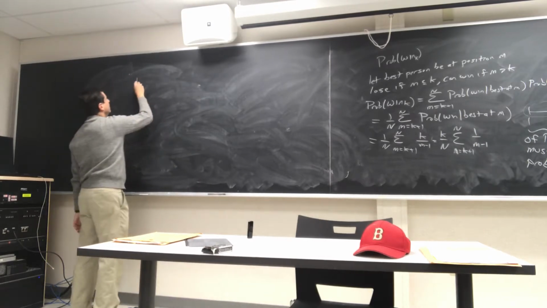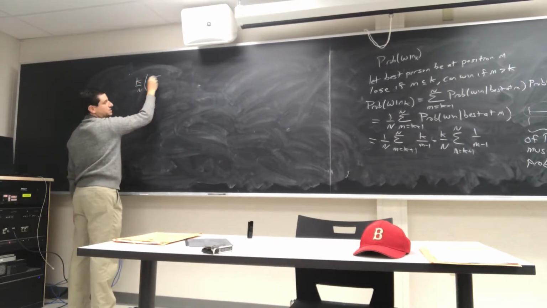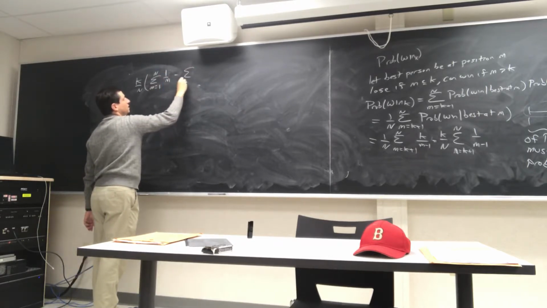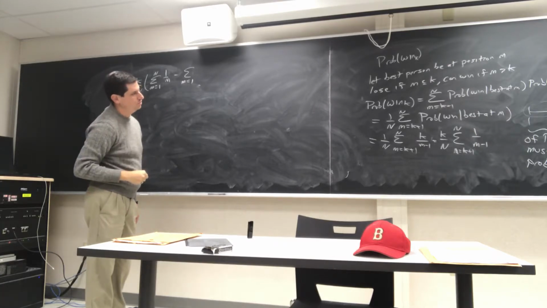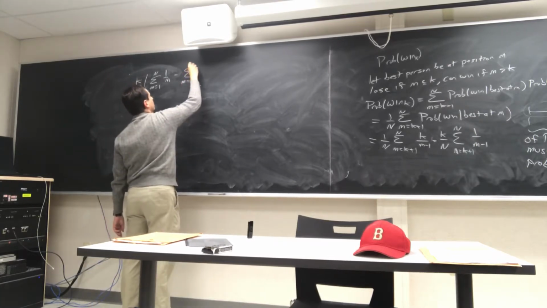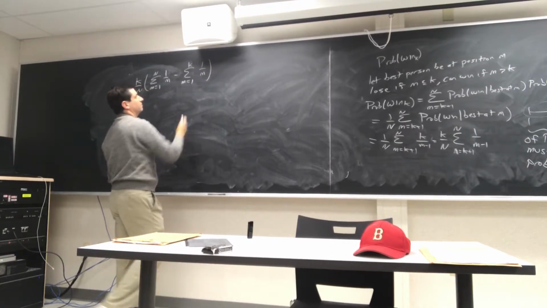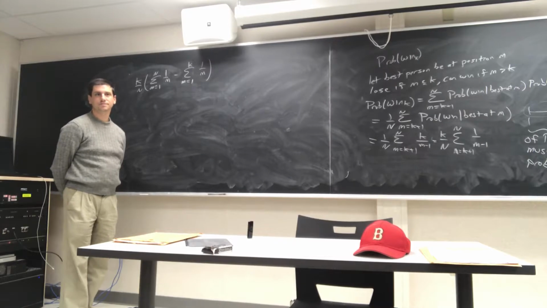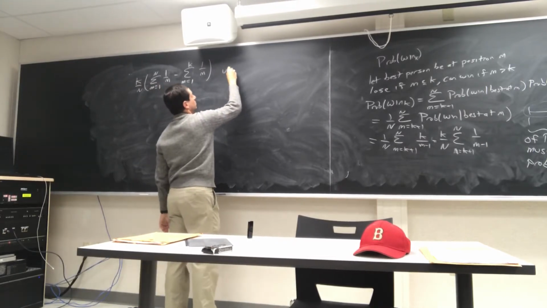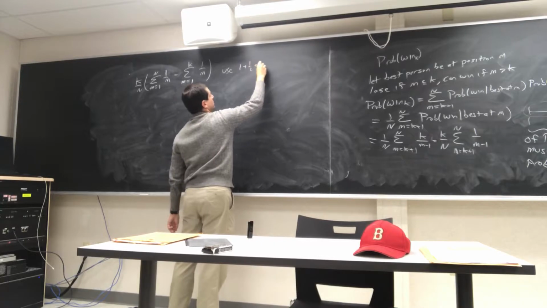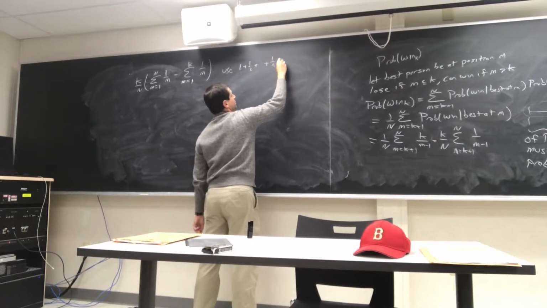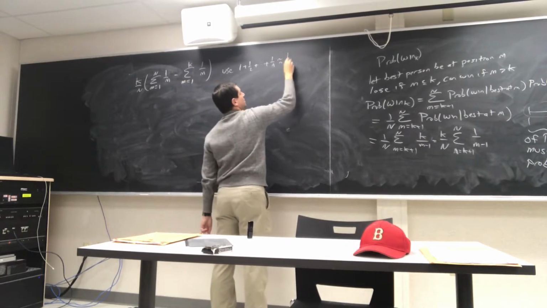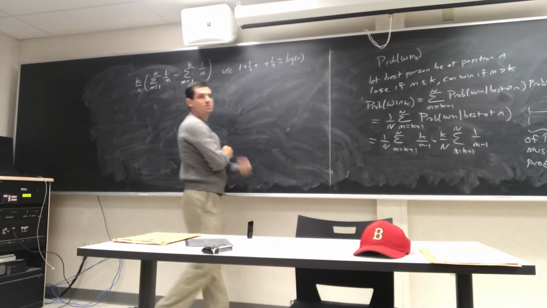So I have K over N, and then I'm going to write it as the sum m goes from 1 to n of 1 over m minus the sum m goes from 1 to k of 1 over m. Because now when I do that, it's just going to be the sum from k plus 1 to n. And I'm going to use that 1 plus a half plus up to 1 over n is approximately log of n.